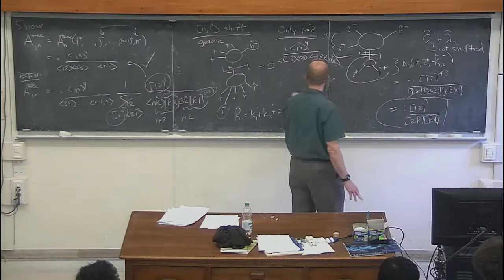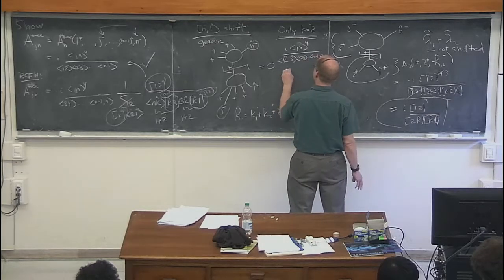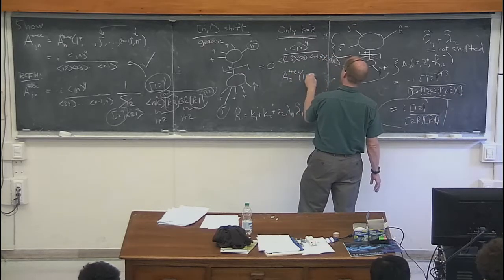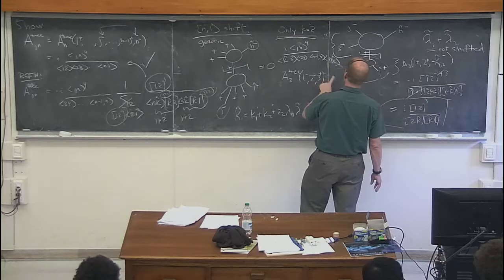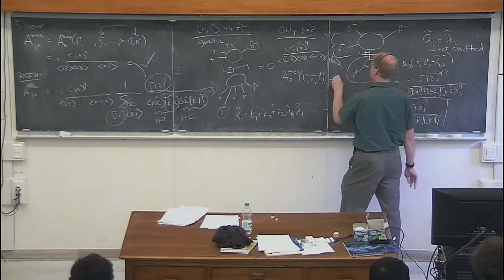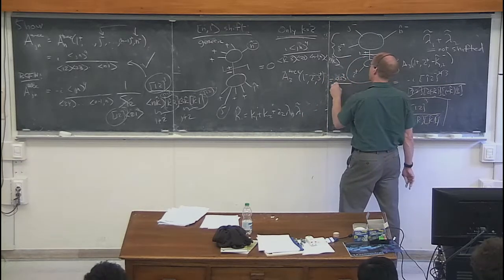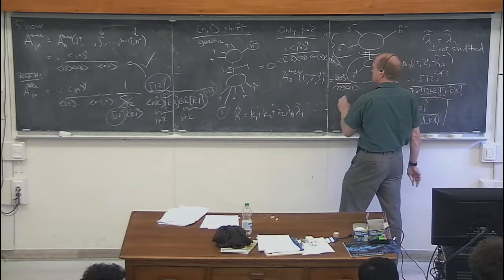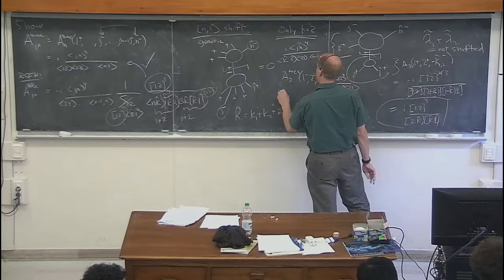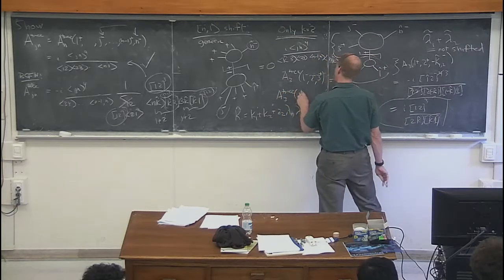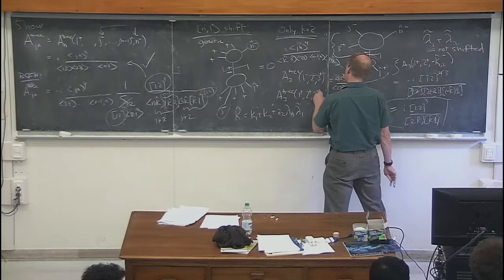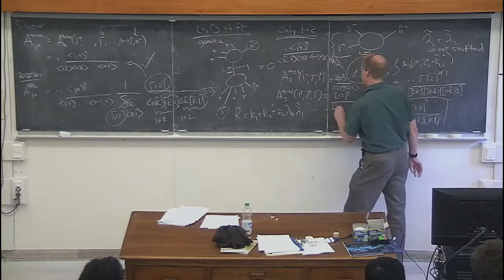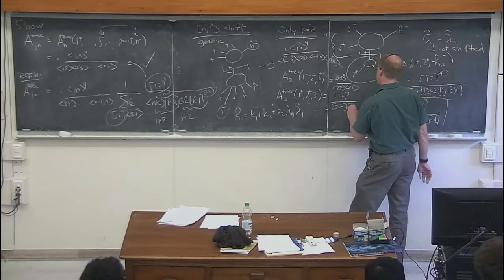At the beginning of the lecture, we wrote down that A3 tree 1 minus 2 minus 3 plus is, never mind the i's, an angle bracket formula, whereas in the plus plus minus case it's square brackets.